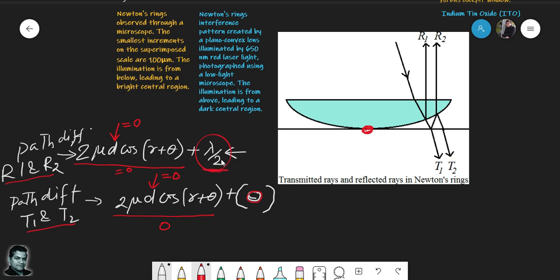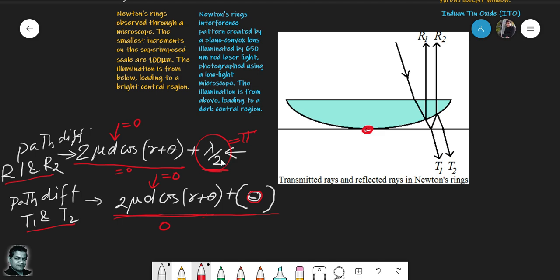Lambda by 2 path difference is equal to a phase of pi between the two rays, and that's why they interfere destructively. On the other hand, for the two transmitted rays at the center, d is equal to 0, so the total path difference is 0, and that's why the rays that are getting transmitted from the center are in phase, and that's why they interfere constructively.